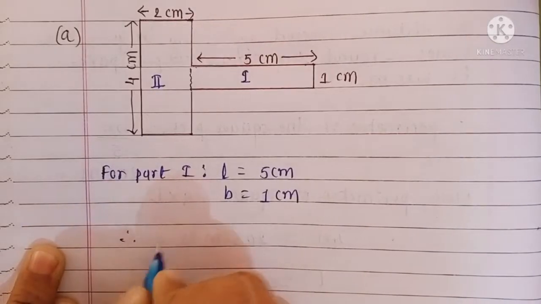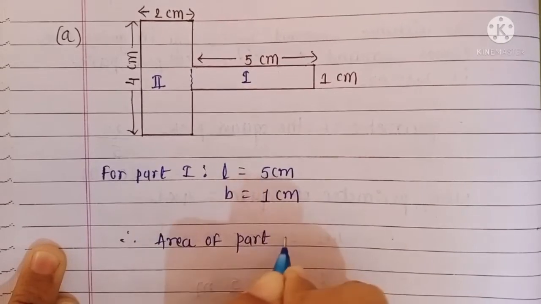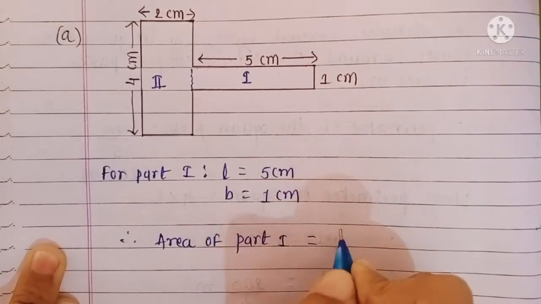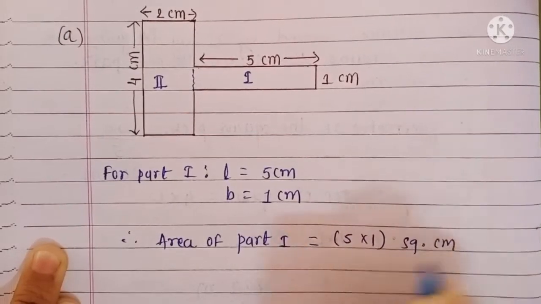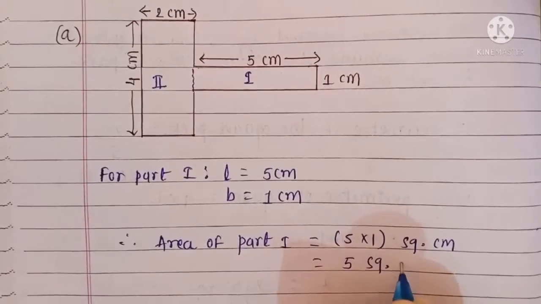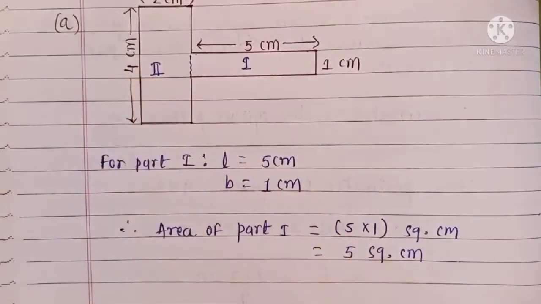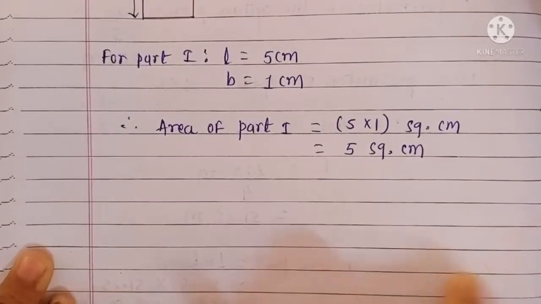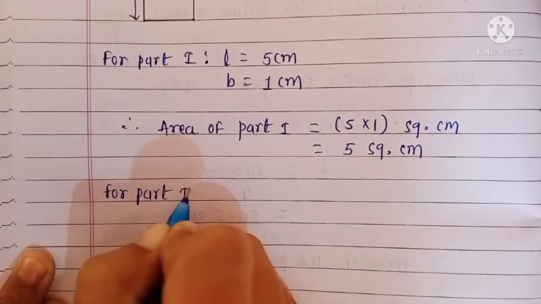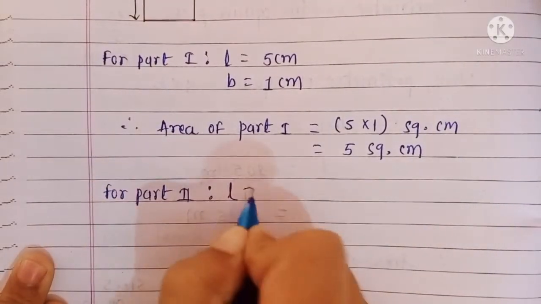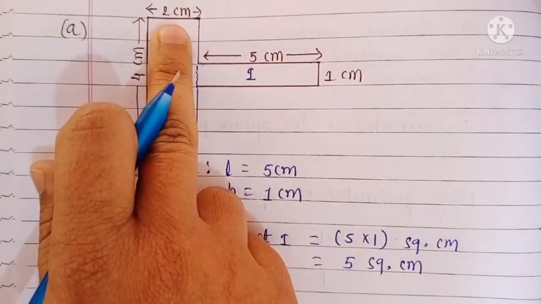Therefore, area of part 1 is equal to 5 multiplied by 1 square centimeter, and we get answer 5 square centimeter. Now we find area of second part. For part 2, length is equal to 4 cm and breadth is equal to 2 cm.